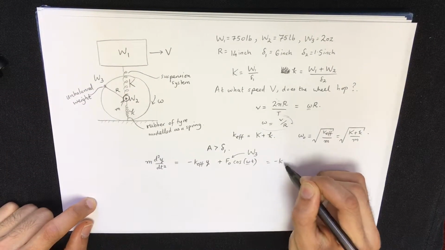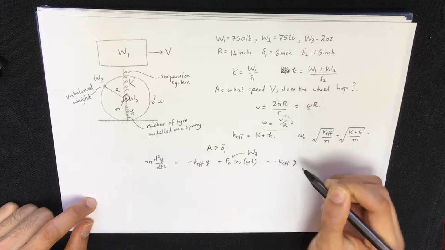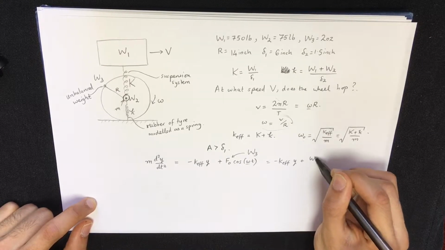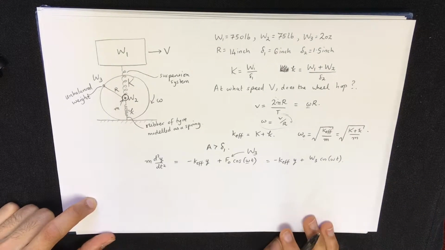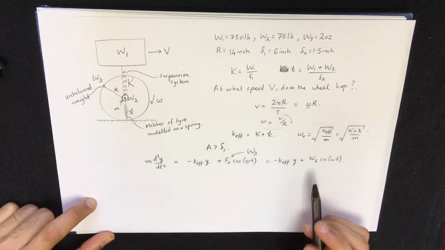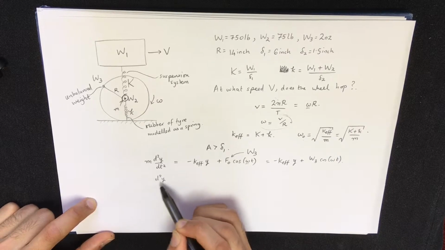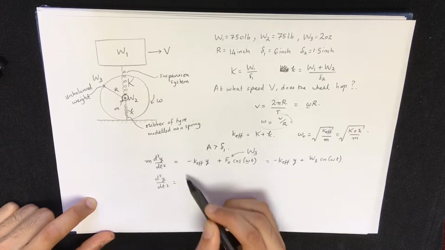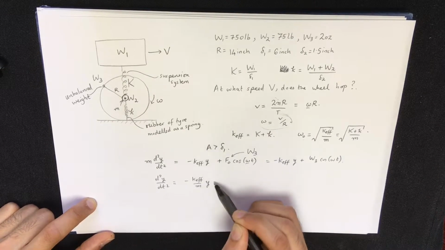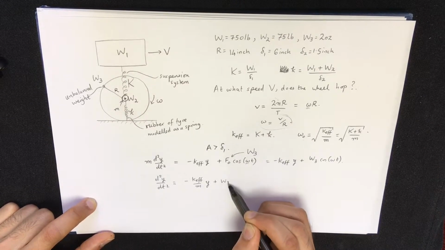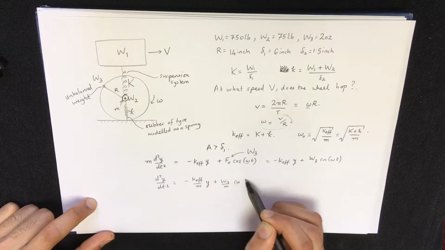So I've got minus K effective times y plus W3 cos omega t. Now I can take the mass over to the other side. So I get this as the differential equation: the acceleration equals minus K effective divided by M times y plus W3 over M cos omega t.